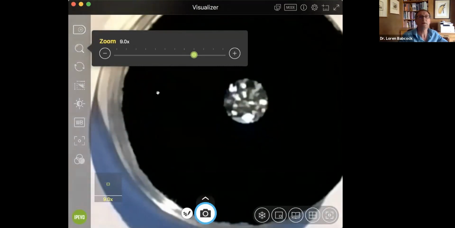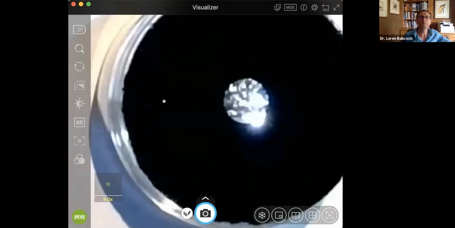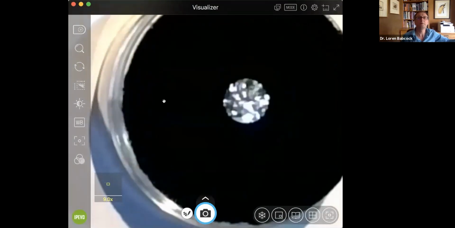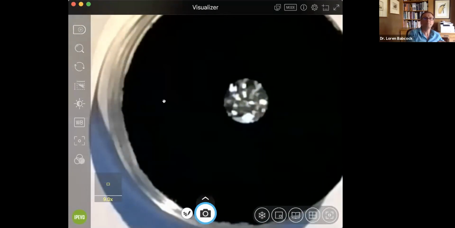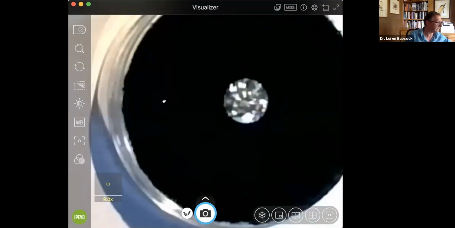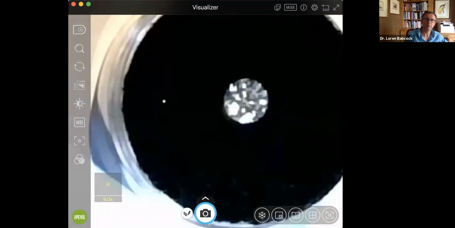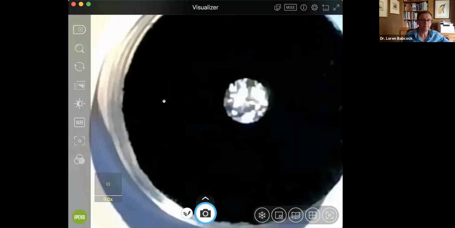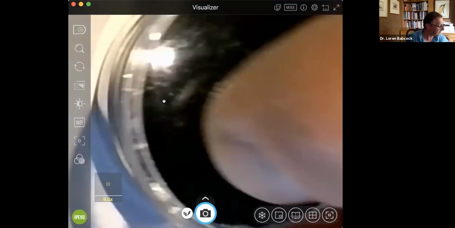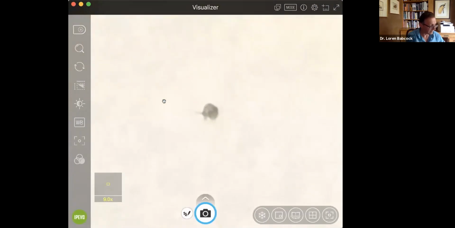Okay, and now, when you see the flashes, do you see colors? Some. Okay, the rainbow colors that I'm seeing here, which I'm not seeing so well on the camera, that's referred to as fire. But you can certainly see that there's a lot of refraction taking place within that stone.